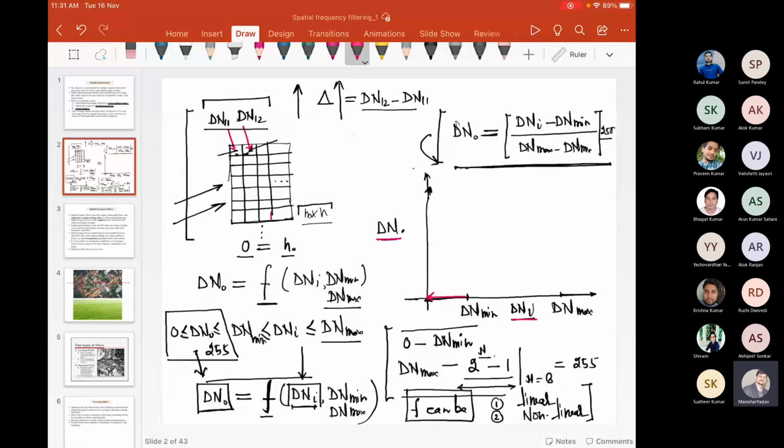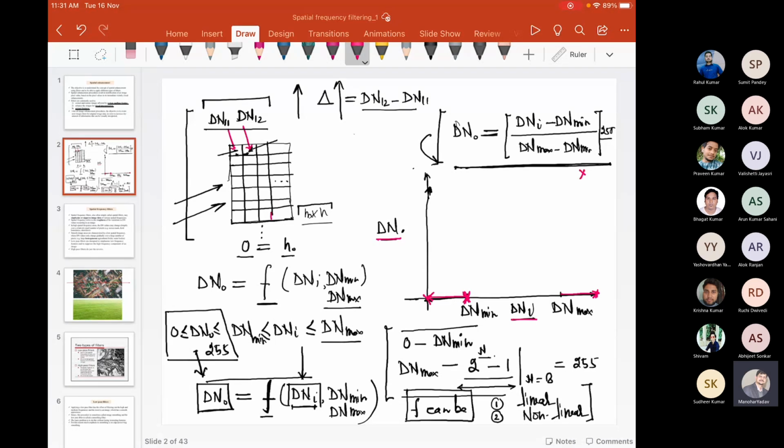Here the input is 0, the output is 0. Here the output is 255.